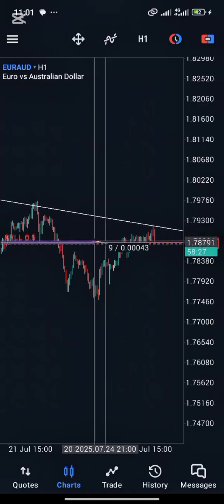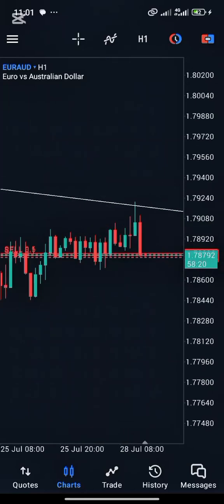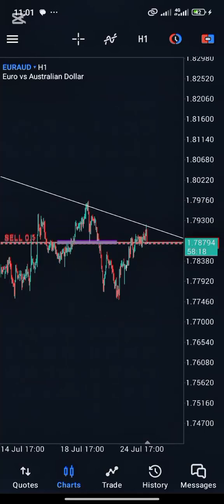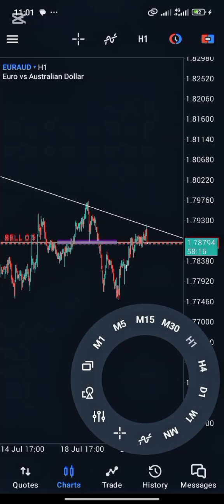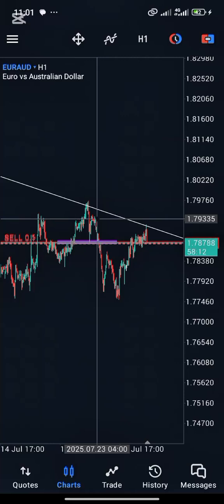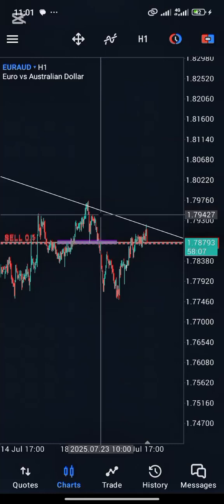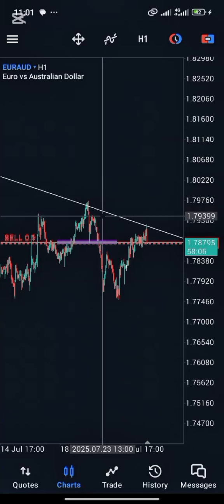Now, let us wait and see the outcome of our sale. If at all we are putting a stop loss, the stop loss will be above the last touch there, if you want to apply a stop loss to this trade.